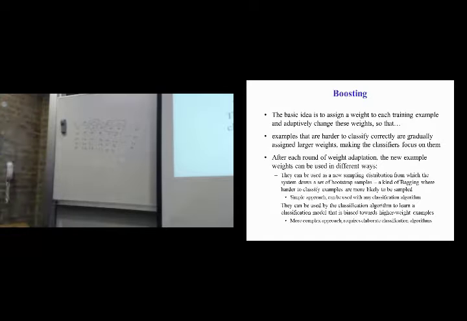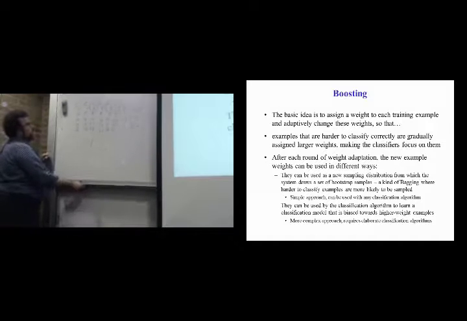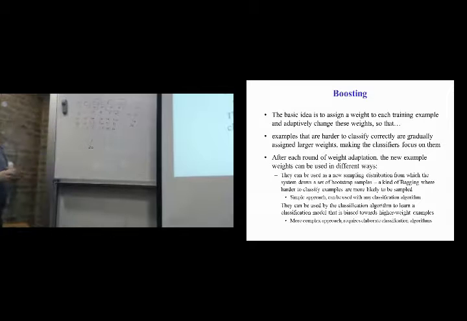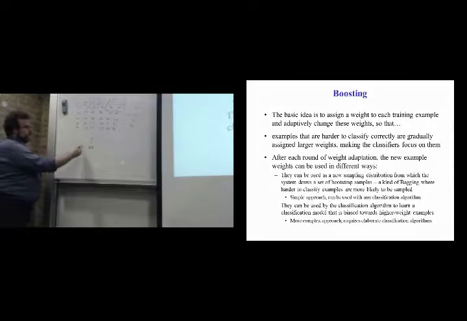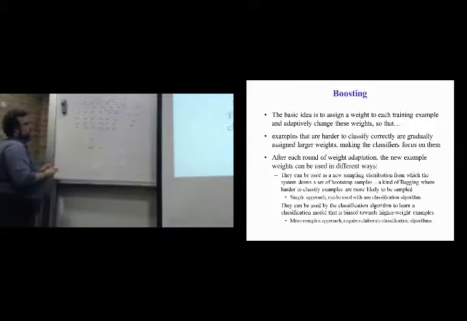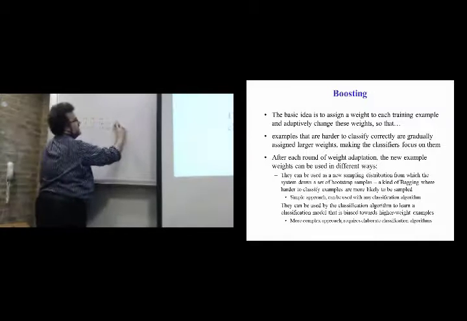So we have some algorithm that allows us to allocate scores based on whether the prediction was right or not, and then eventually we might get to the point where we're really focusing on one of these. Perhaps this is a really hard one to classify, so we really want the classifier to look at that lots and lots of times until we get some classifier that does it.